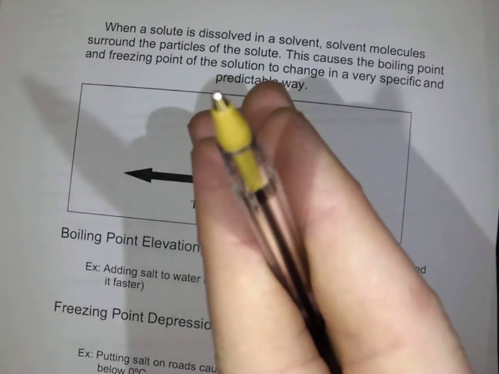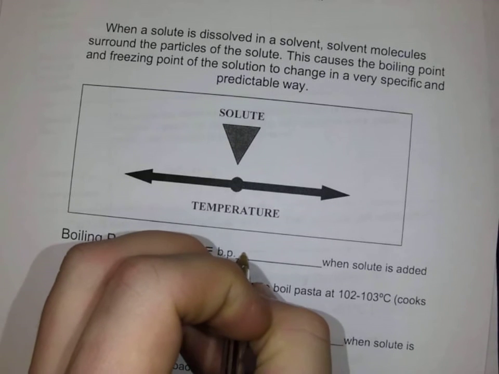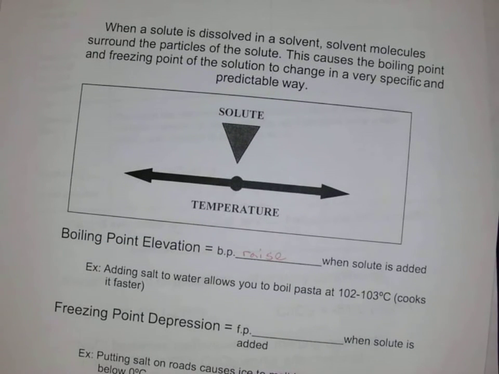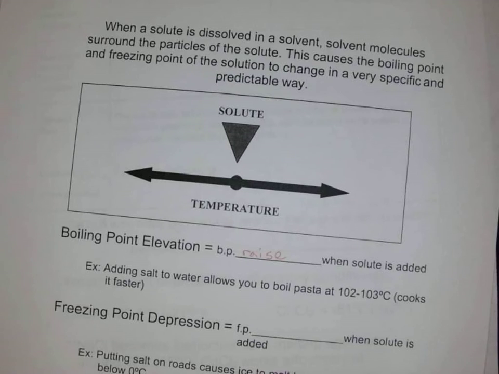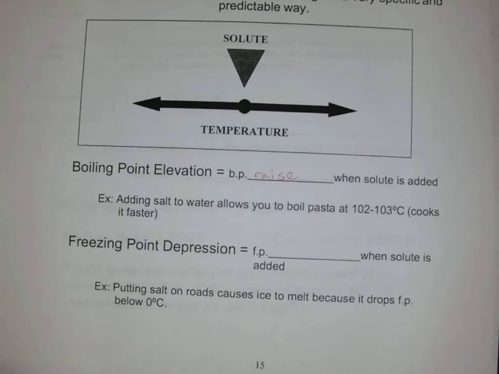So it's harder for me to actually boil. Because those solute particles get in the way, the boiling point is going to raise. The boiling point raises when you add some solute. So if we add salt into water, the pasta is going to boil at 102 or 103 Celsius rather than around 100.